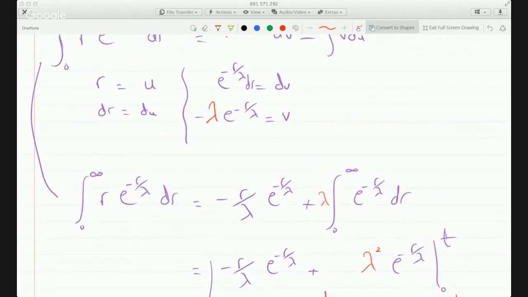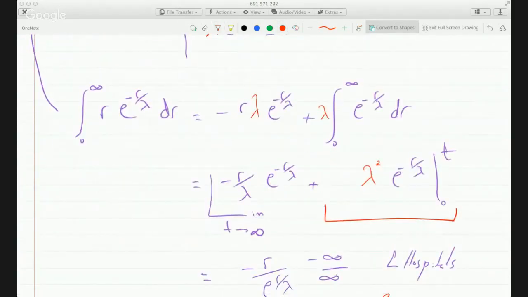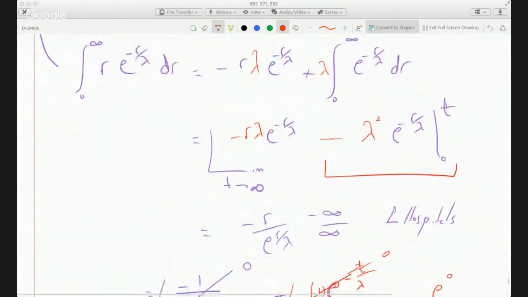So uv is minus r lambda, then v du. Yeah. Okay, so this becomes minus r lambda, or minus lambda squared e to the minus r over lambda.